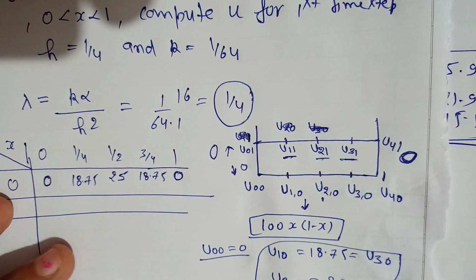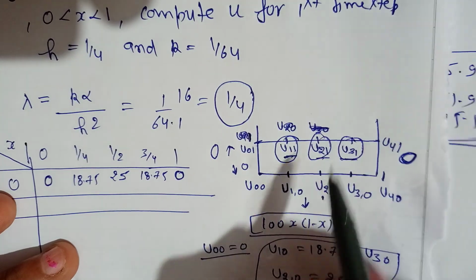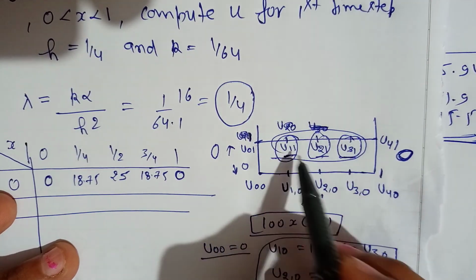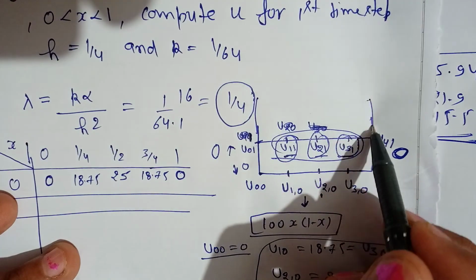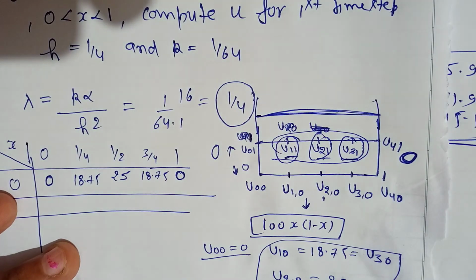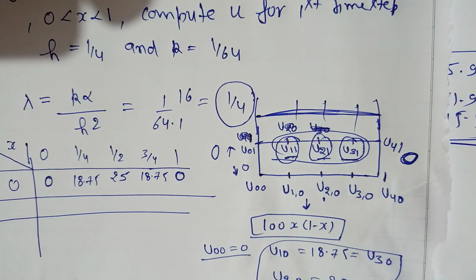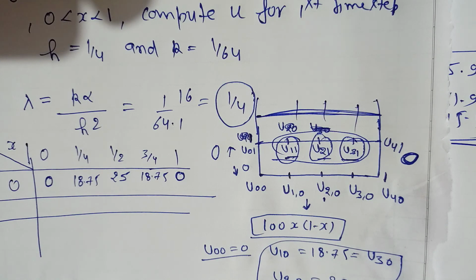To get the second time step, we again form three equations and solve them, and we can get the value for any number of time steps using the Crank-Nicolson method.